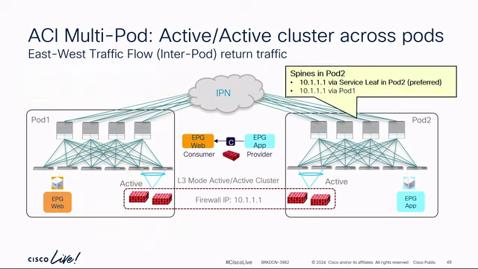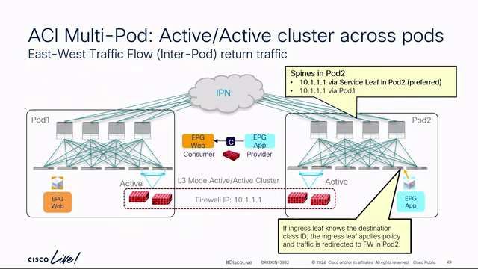Then the return traffic: if the leaf in pod 2 also knows the destination web endpoint from some other traffic, then there is a possibility that policy is applied in the ingress leaf in pod 2, which is going to choose the local location in pod 2. Then asymmetric traffic happens.